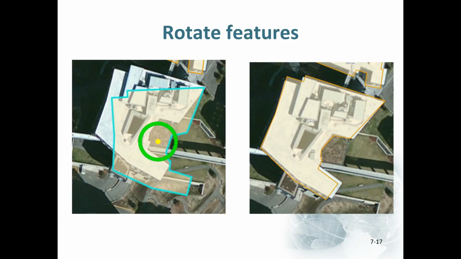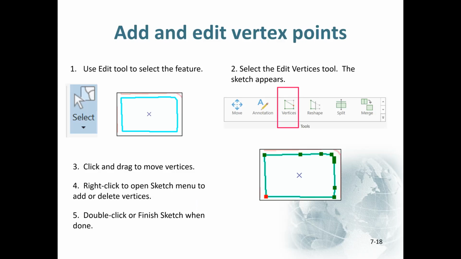Additionally, you will see this green circle, which means you can rotate it. So you just hover your mouse on top of this green circle, and then you click and move and rotate. The highlighted outline is in cyan, and you just have to rotate it to match this satellite image.